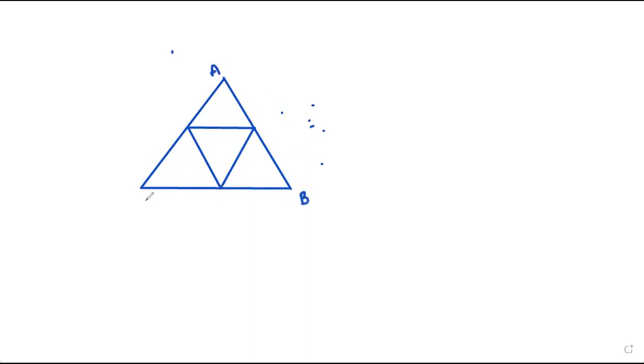It's A, B, C, D, E, F. This value is given as A, this value is C, and this value is given as B.